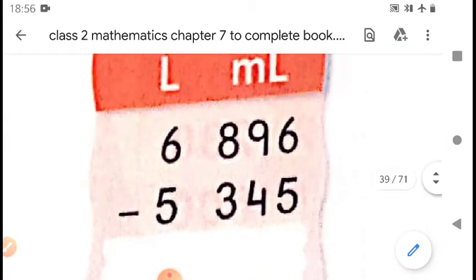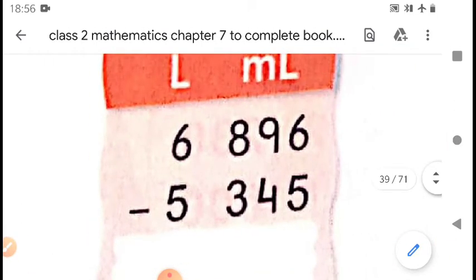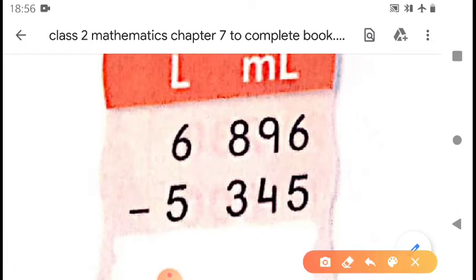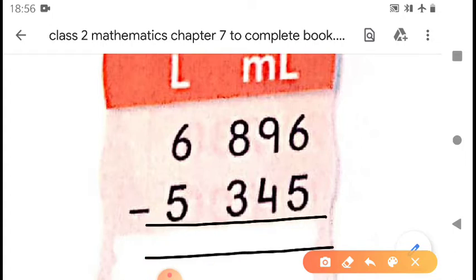6 liter 896 milliliter minus 5 liter 345 milliliter. Subtracting the milliliters first. 6 minus 5, 1. 9 minus 4 is equal to 5.